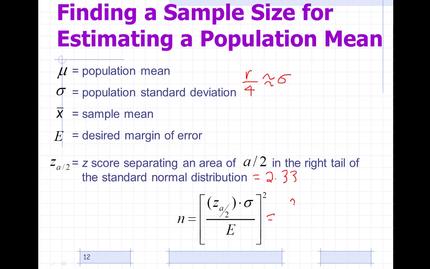So we're going to do 2.33 times our sigma, which in this case was 15, divided by our error, which is 3 points, and then we're going to square that whole value.